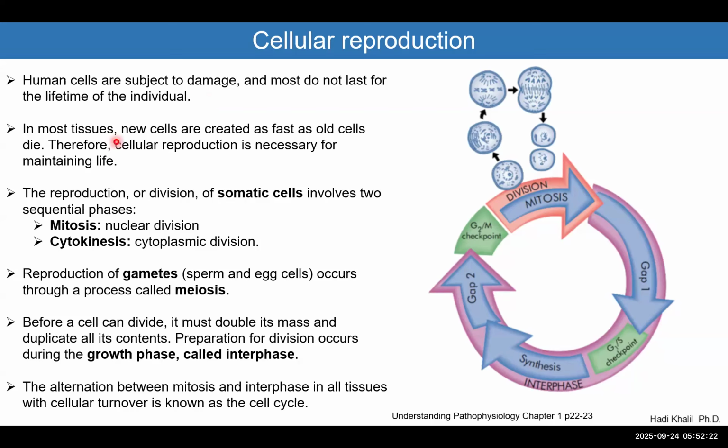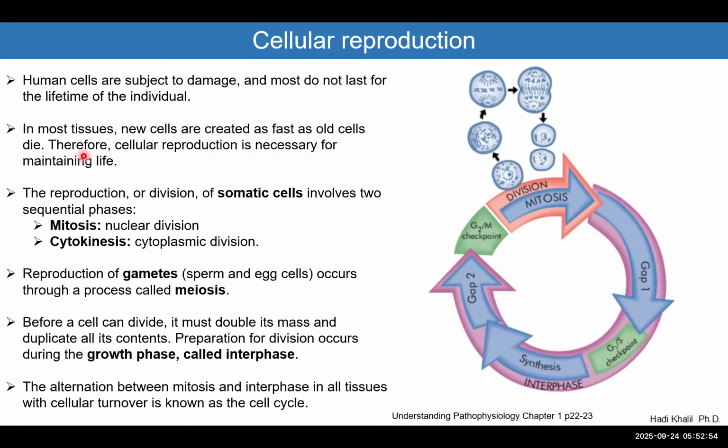So in most tissues, new cells are created as fast as the old ones die. So that's how the balance between cell survival and cell death is maintained to keep the homeostasis of our body, so that there will always be cells being functional and performing the function they are supposed to. So this is a necessary process for the life maintenance.